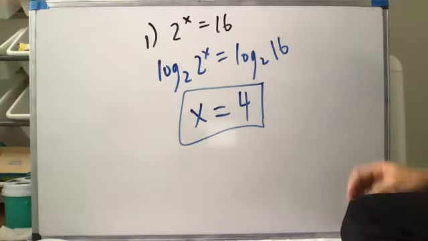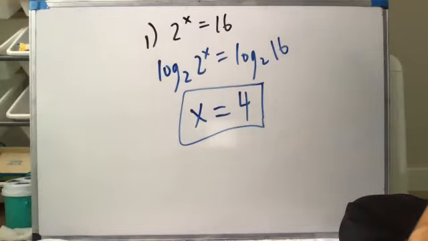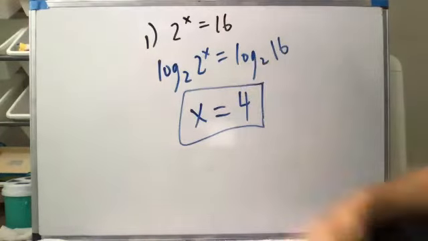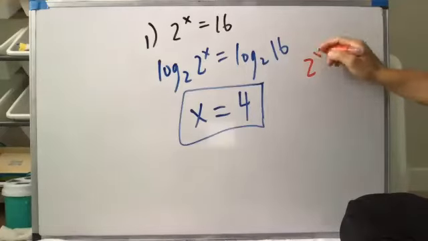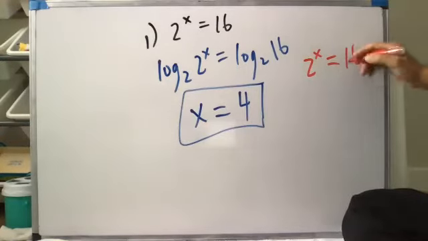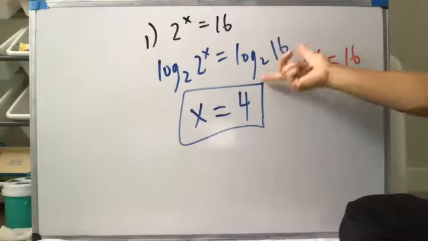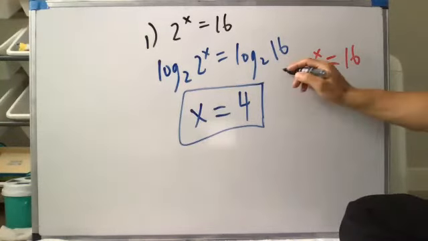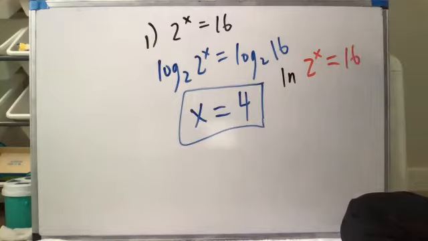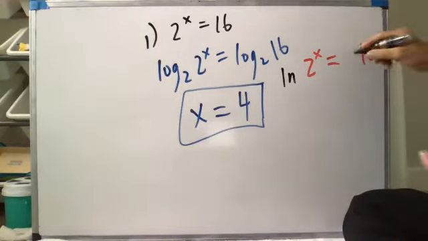In the notes, I mentioned that you could use ln if you want to instead. I think it's probably simpler if you just stick to the base. But if you're curious how I could use ln, let me just show you real fast. Let's say you didn't know how to solve log base 2 of 16, then you'd have to use the change of base formula, right? So we can get around that a little bit by just starting with ln at the beginning.